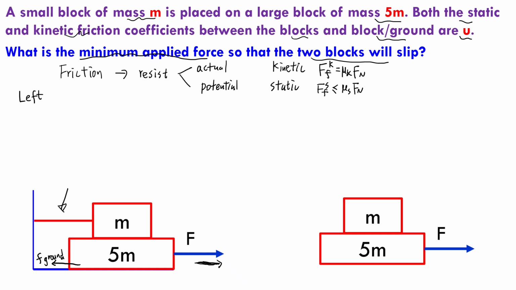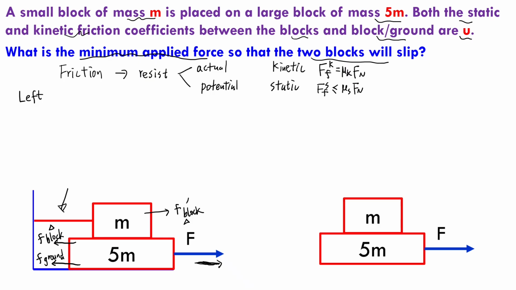At the same time, the upper block also wants to resist this motion, so there is a friction force from the block. As a reaction force, the lower block also gives the upper block a reaction force, F block prime. So this force here and this force here, they are an action-reaction pair.